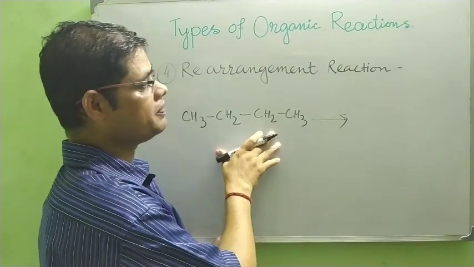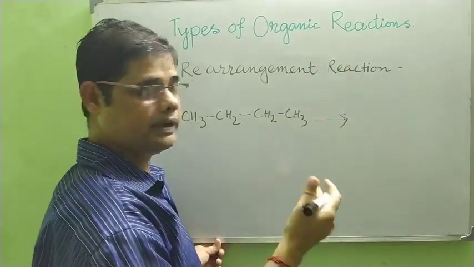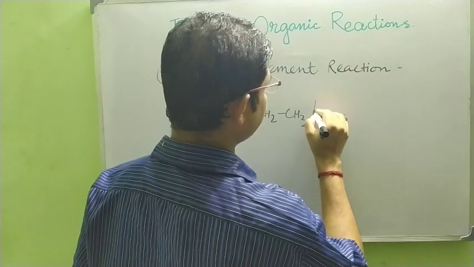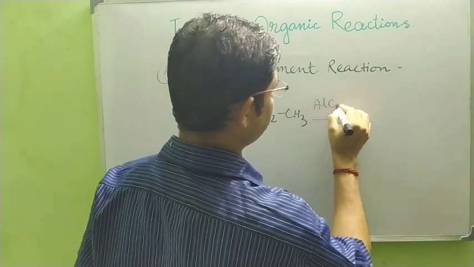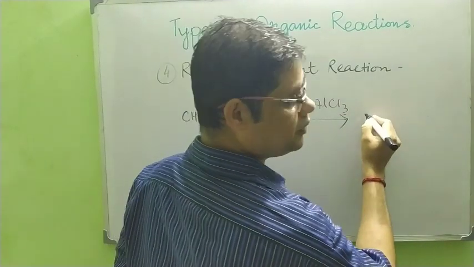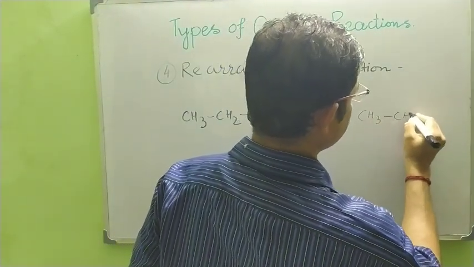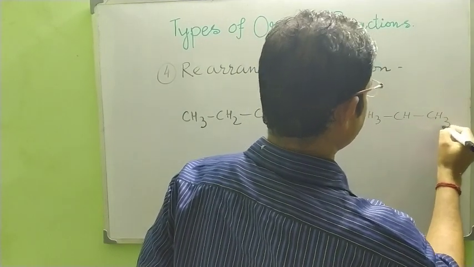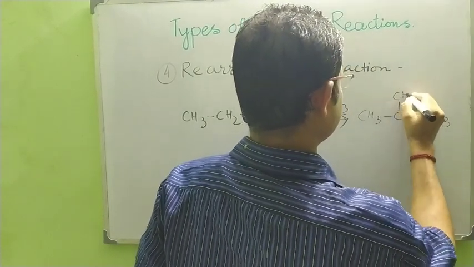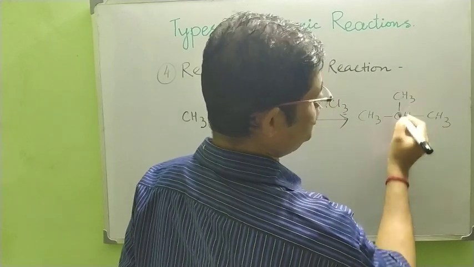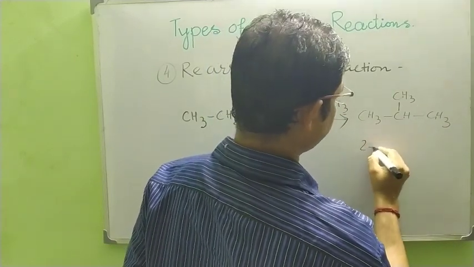This is butane. Here rearrangement happens in presence of aluminum chloride. Here we get CH3, CH, CH3, CH3, 2-methyl propane.